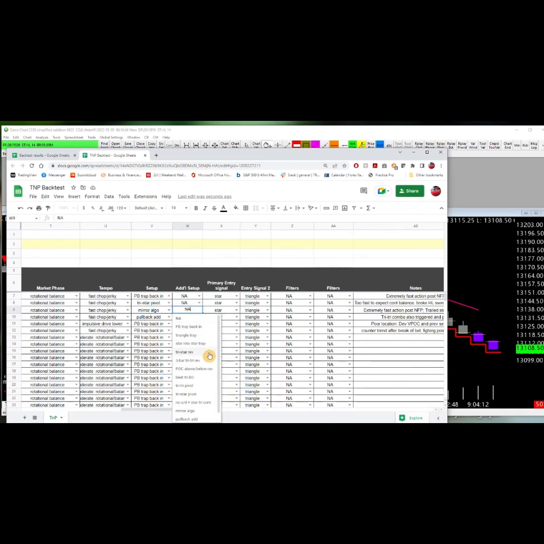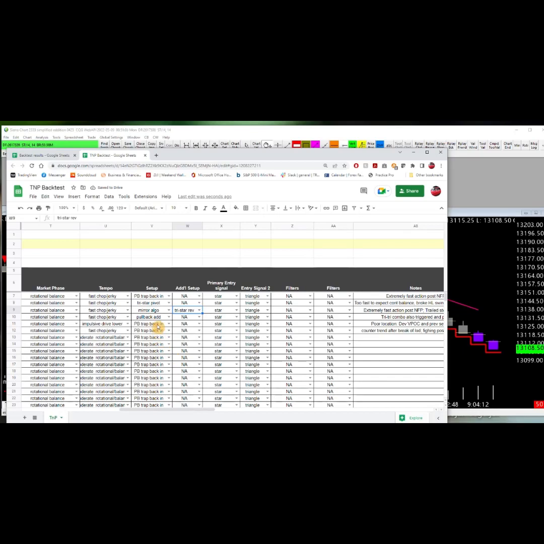So additional setup. The idea here, I'm just listing the exact same setups. Sometimes more than one trade type sets up at the same time, the same exact entry. Sometimes it is a valid trade in two different setups. So I want to know, for instance, if this is the mirror algo trade, but let's say it's also a tri-star reversal, like a triangle up, star down.